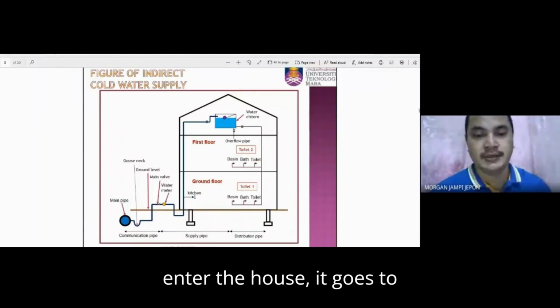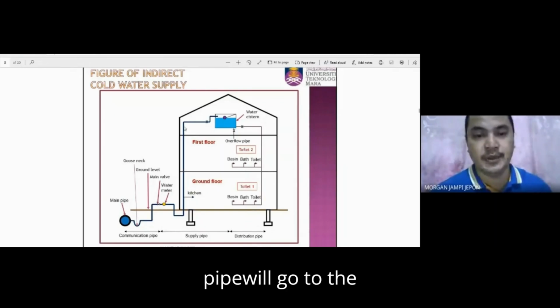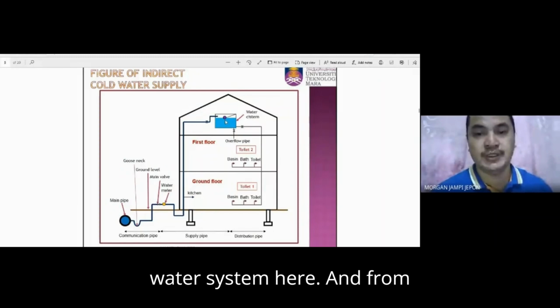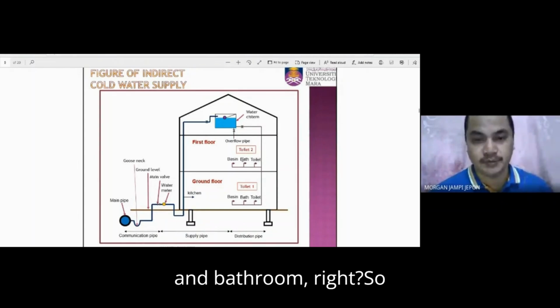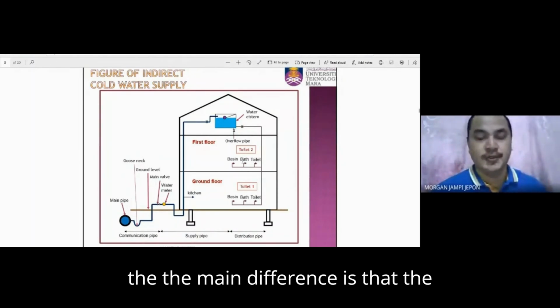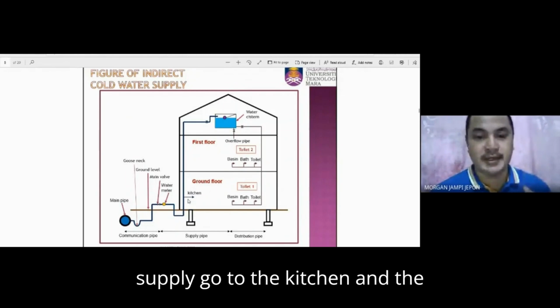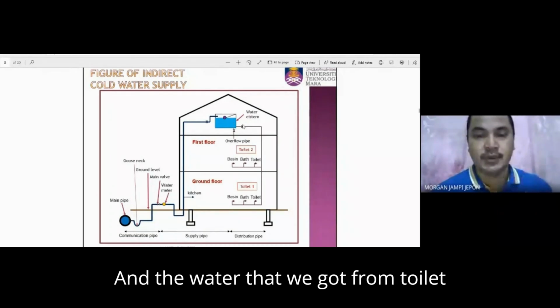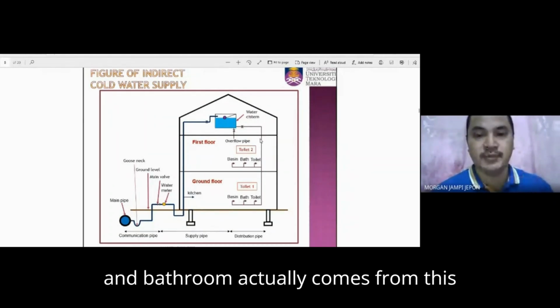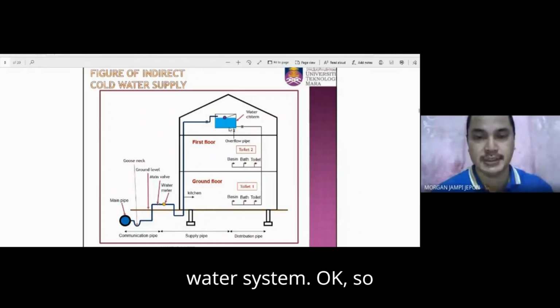It goes to the kitchen, and the main pipe will go to the water system here, and from the water system it goes to the toilet and bathroom. So the main difference is that the supply goes to the kitchen and the rest go to the water system, and the water that we get from the toilet and bathroom comes from this water system.